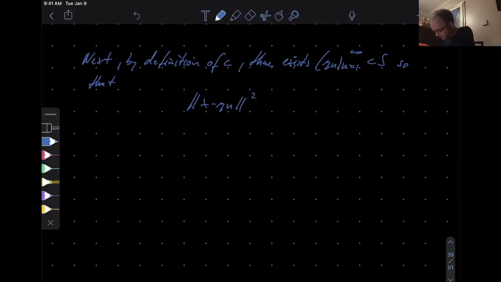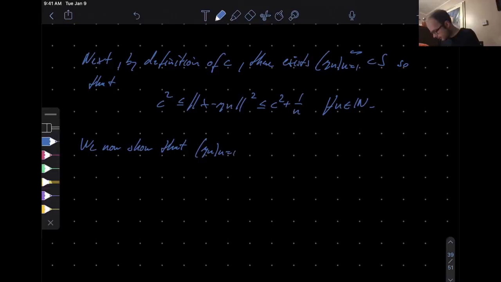Now here I will do again some algebraic trickery. This is just to have some nice formulas later on, so you can have, for instance, this estimate, sort of squeeze theorem type estimate. So you have this. Okay, we now show that yn is Cauchy, and then the standard argument sort of applies, because S is closed, right?